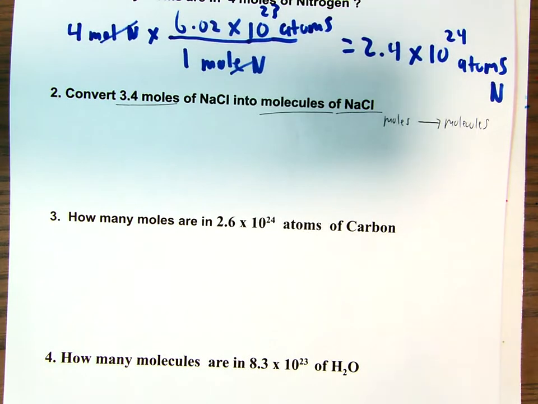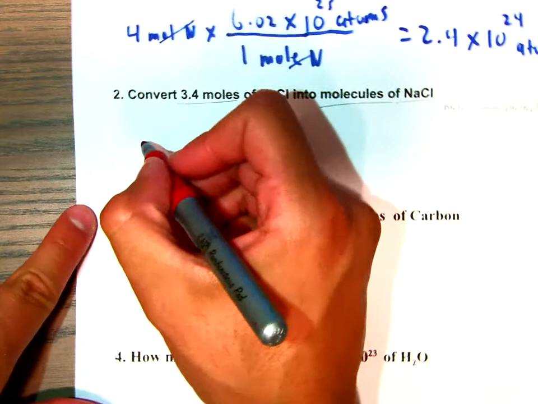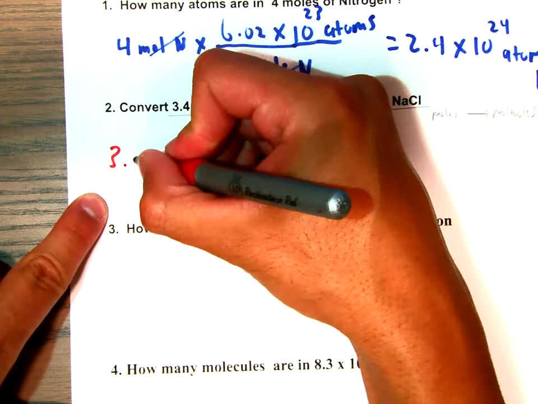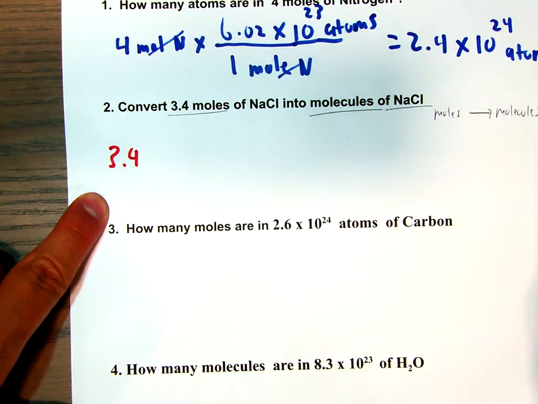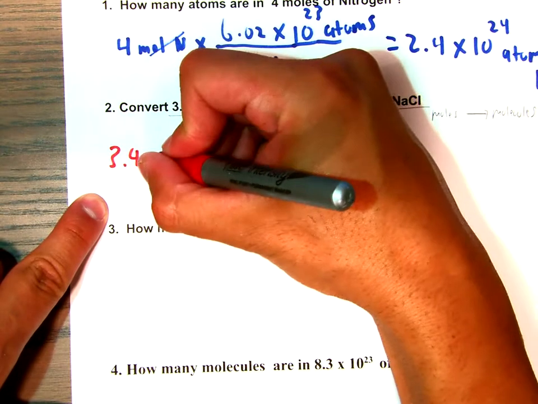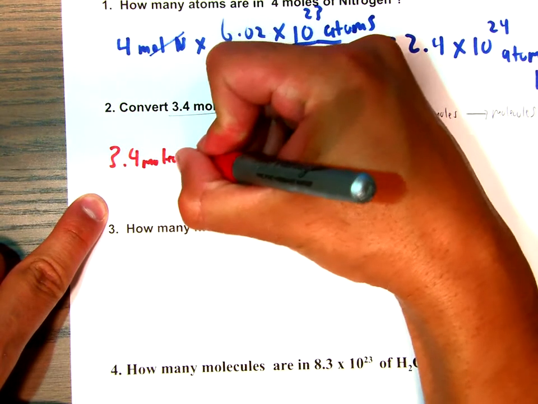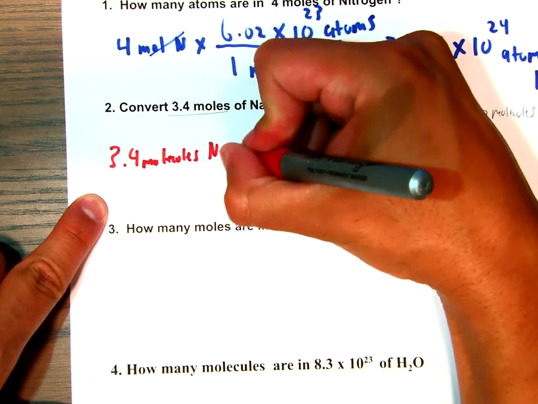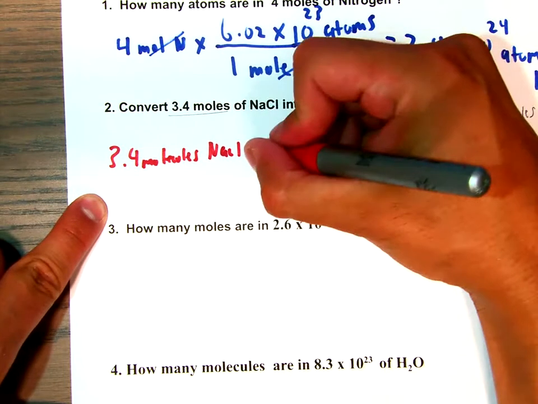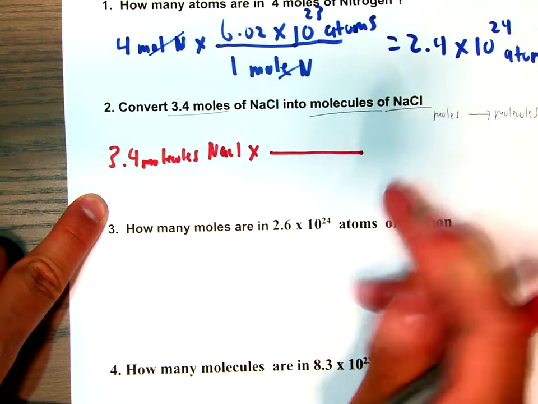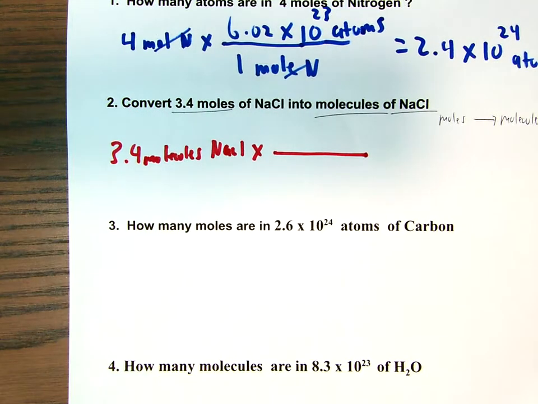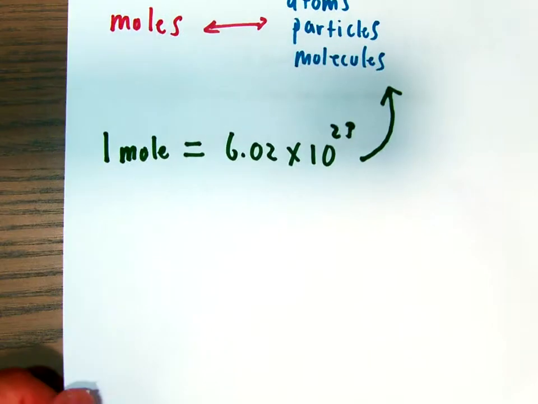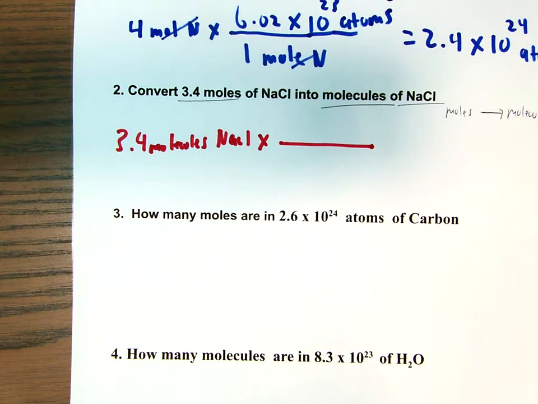So I set that up. I have 3.4 moles of NaCl, times, well, my conversion is just the same thing here, right? 1 mole of NaCl, and I can put it on the side here if that confuses you.